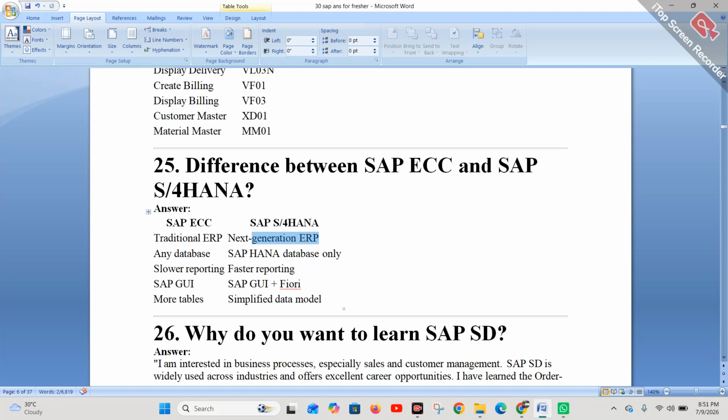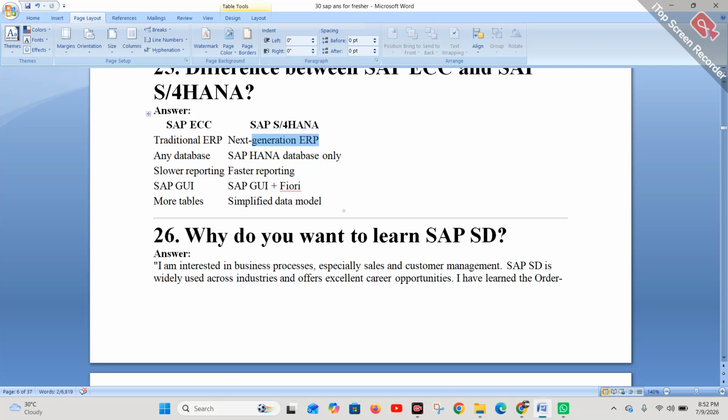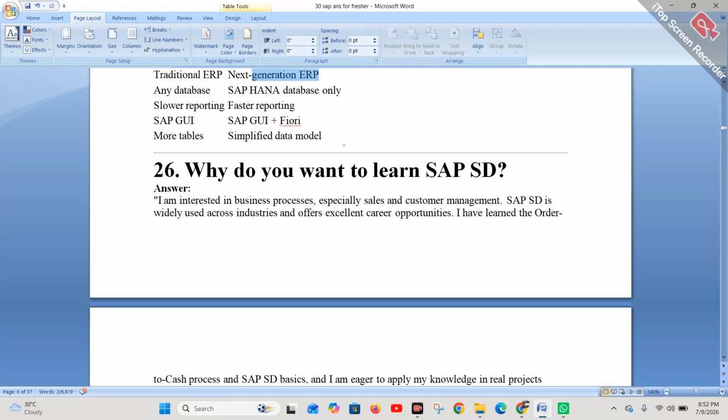The reports were generally slow as compared to the HANA, which are very faster. That's why HANA software is mostly used now. In SAP ECC, more tables were there, but in HANA, the tables are there, but in more simplified data models. This is the basic difference in ECC and HANA.